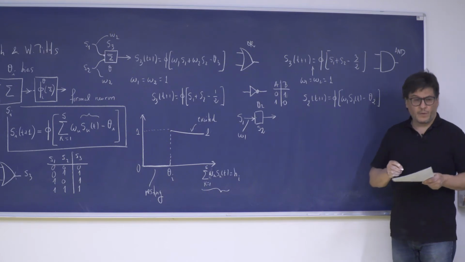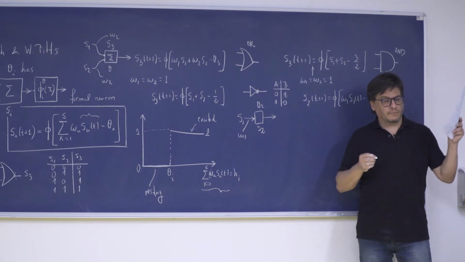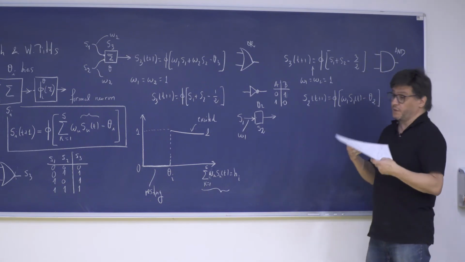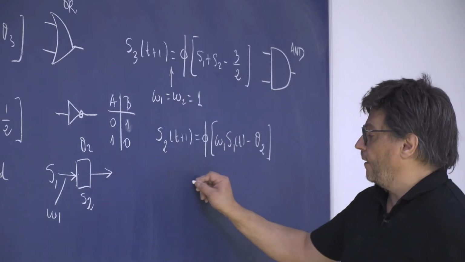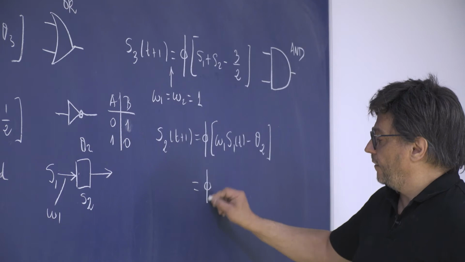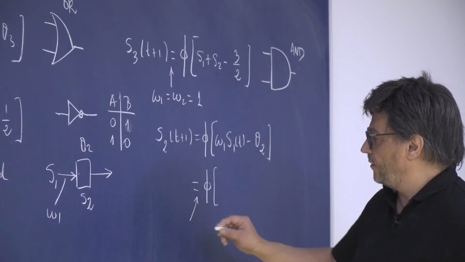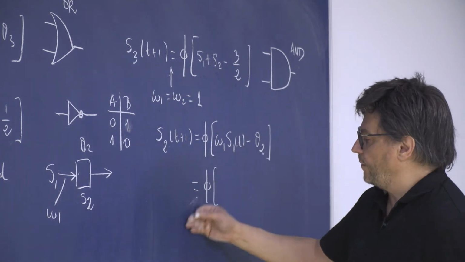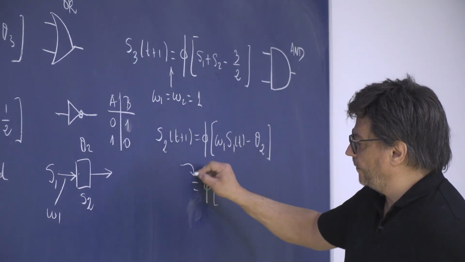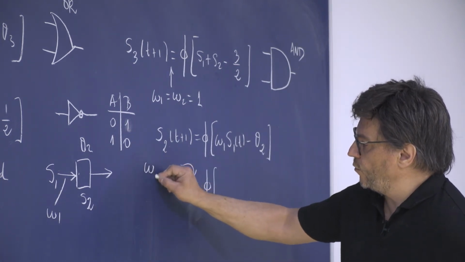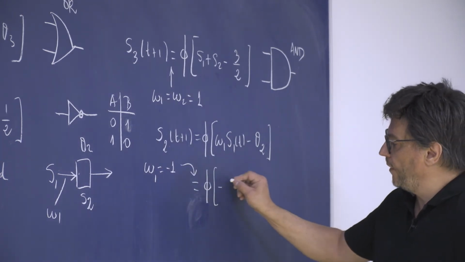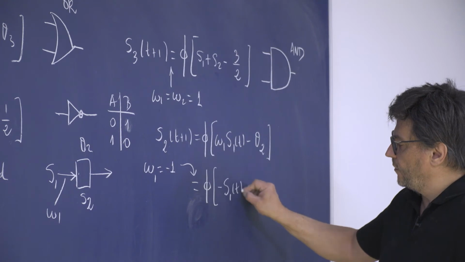Well, I want to do the opposite of the entrance. So the way of doing that is using a negative connection. And actually, you can do that by making the opposites of everything here. If omega 1 is minus 1, I will have minus S1 of t.